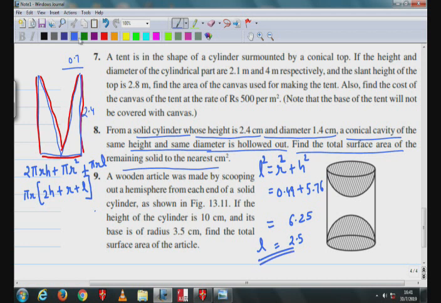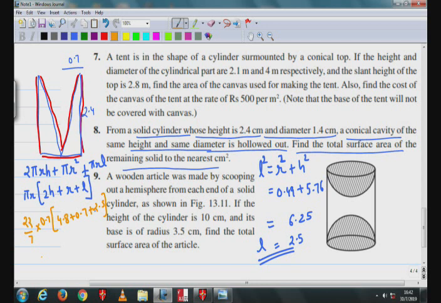So we just have to substitute the values now. You can substitute pi as 22 by 7, radius is 0.7, twice of h, height is 2.4, so double of that will be 4.8, plus 0.7, plus 2.5. So 22 and 7 will get cancelled out and we will be left with 2.2.